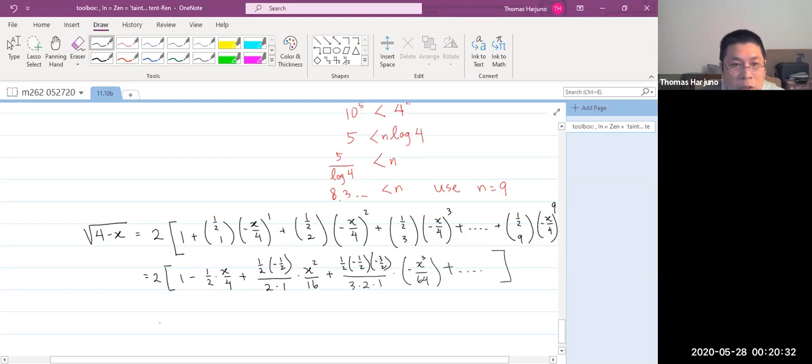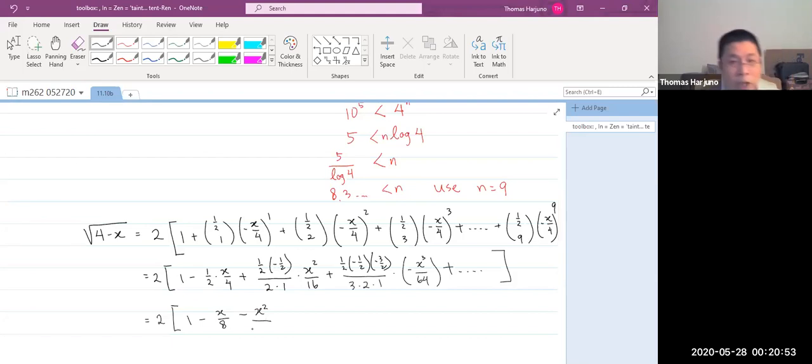So this is 2 times 1 minus x over 8. I think this is minus again. Then x squared over 2 to the 7, 128.